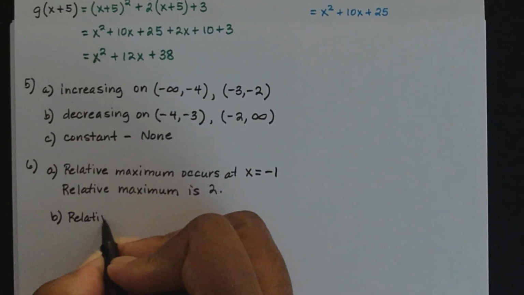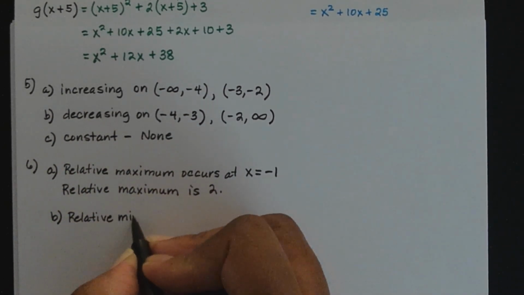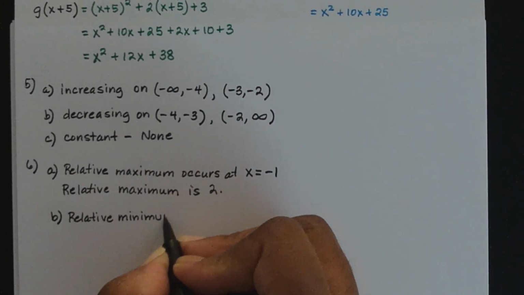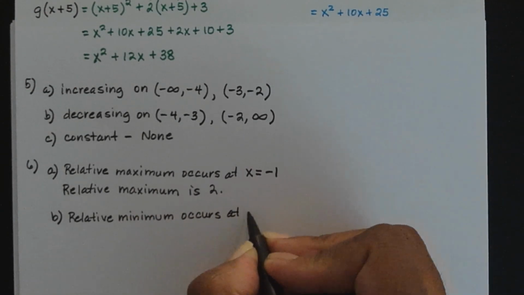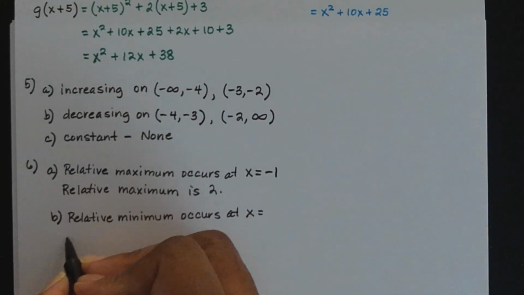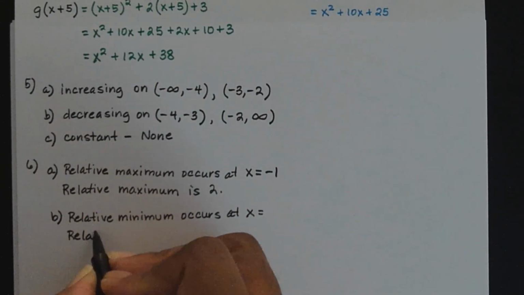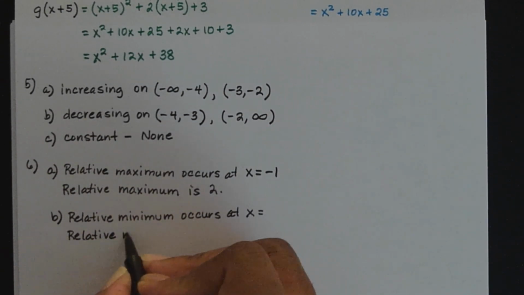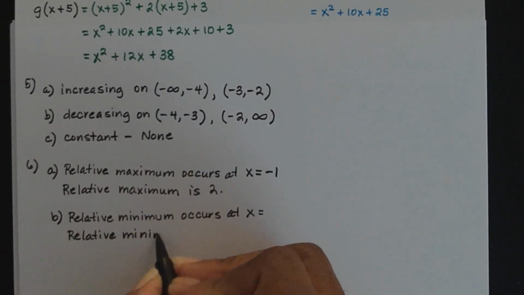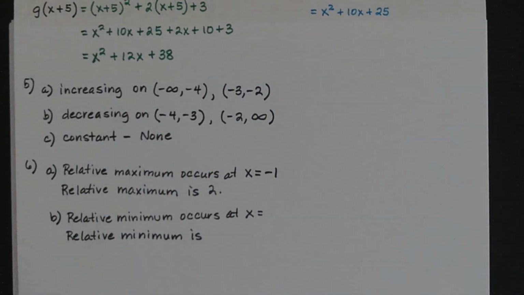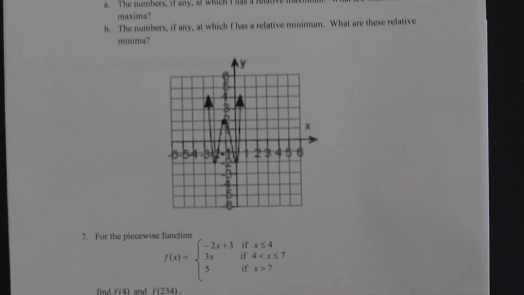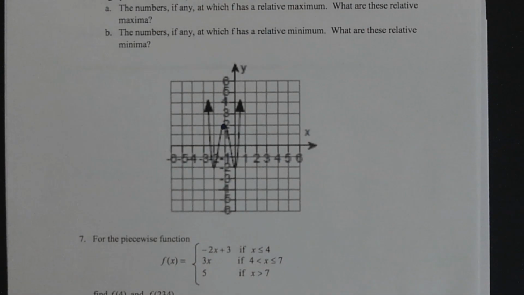Now, part B is going to be the x value where the relative minimum occurs. And then we'll find out what that relative minimum is. All right, so now going back to this graph, that would be the lowest point on the graph here.